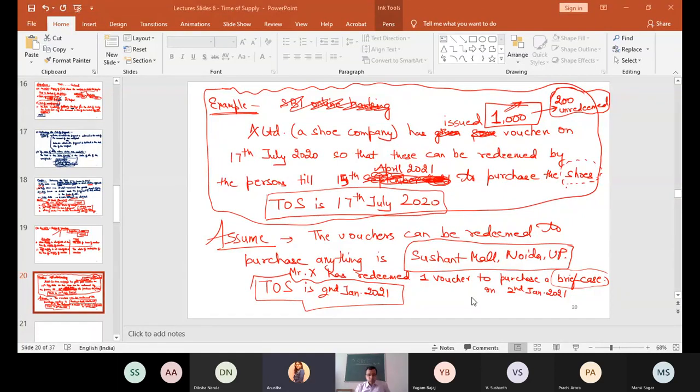Sir, I think I have an opinion on this. Yes. Sir, when they issue the vouchers, at that time it is not known whether they will be redeemed or not. So in the beginning, the company has to pay the tax. But let us say that it is given in this case that it should be used until 15th of April.